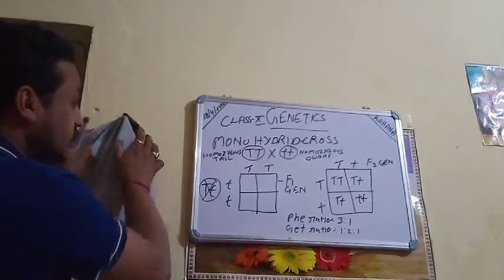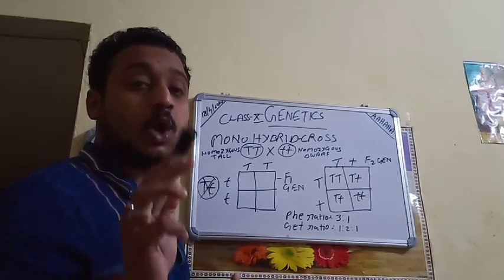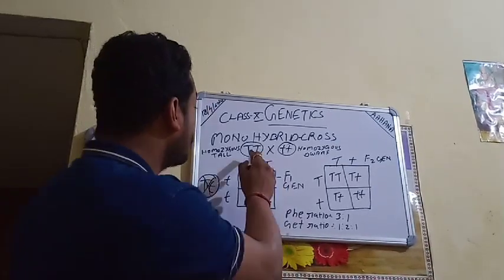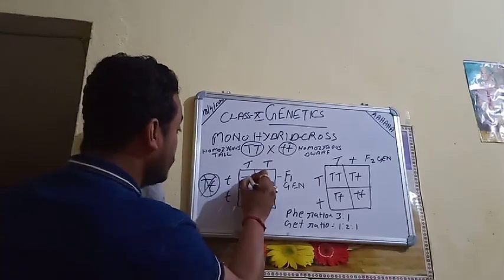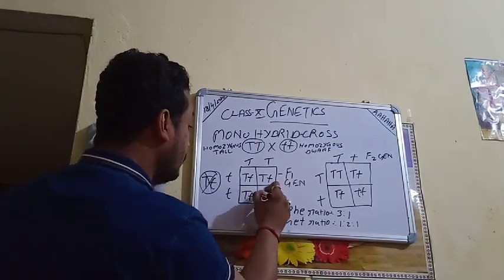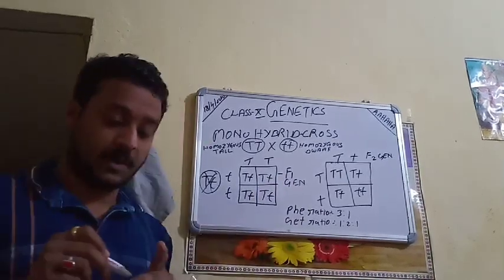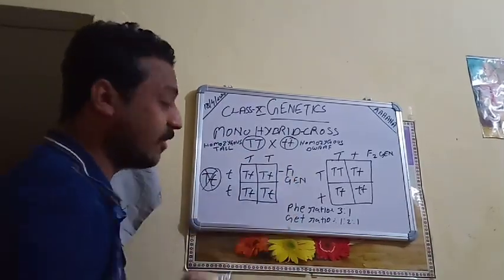For the F1 generation, what is the definition of F1 generation? F1 generation means the cross between two pure line parents. So capital T, small t. Just multiply. Capital T, small t, again capital T, small t. Just multiply. Understood?